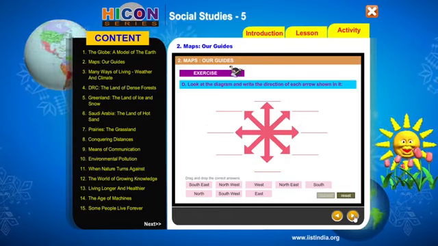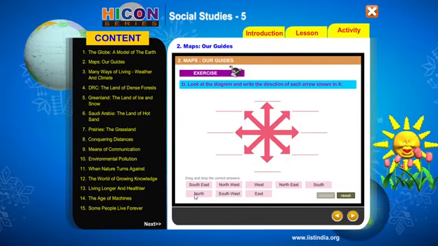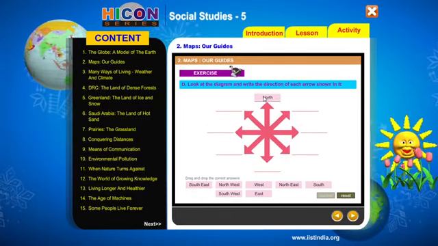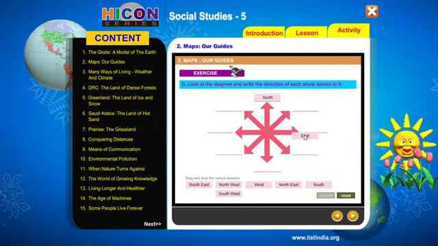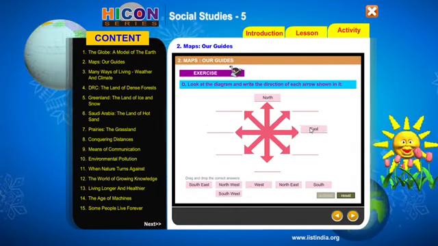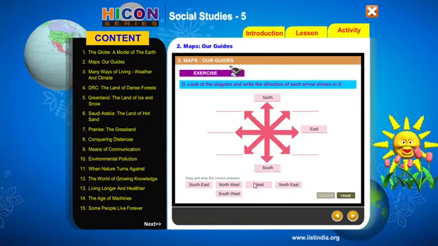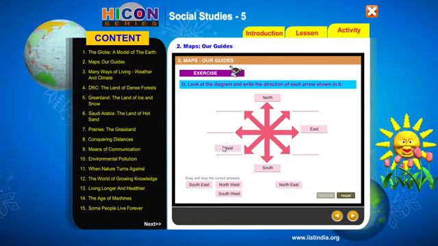So we know the top is always north. To the right of the north is east. Opposite to the north is south, and to the left of north is west, right?